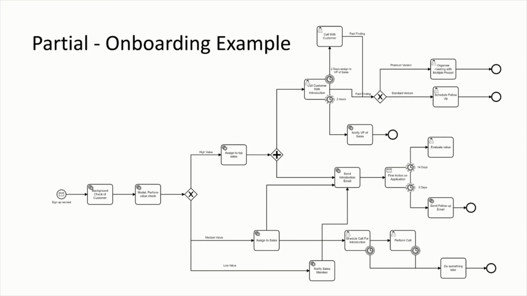So instead of just getting them to think, okay, I just had that introduction, I put in my facts, now the system's going to tell me what I need to do next, which is organize a meeting with multiple people, or I just need to schedule up a call. So this is the business making the decision about which way and what actions need to occur. So you can keep refining that process over and over again.